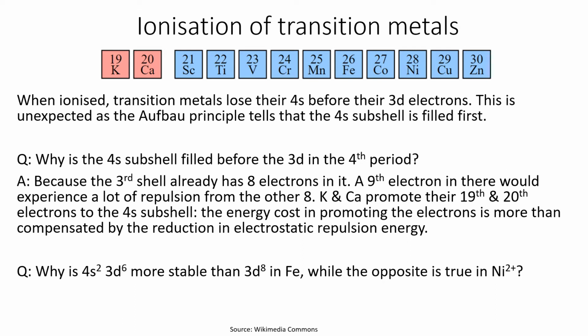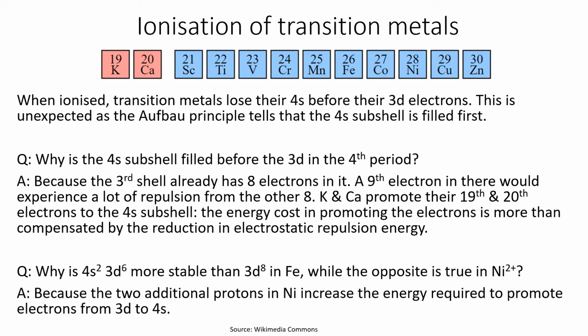And I think the answer to this question has to be really to do with the protons in the nucleus, because there isn't really any difference other than the protons in the nucleus. So nickel, being element 28 as opposed to element number 26 for iron, has got 2 more protons in the nucleus. And so I think when you have more protons in the nucleus, this ramps up all the electrostatic forces involved, and therefore with the higher atomic number all the energy levels are more spread out.